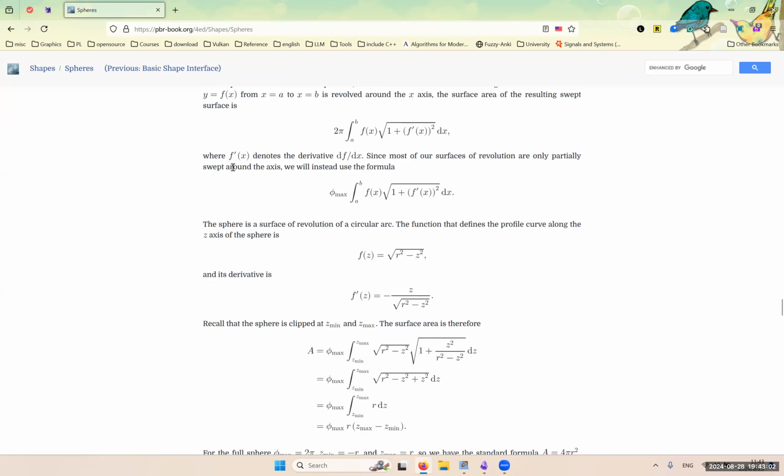Only partially sweep around an axis, we will instead use this.